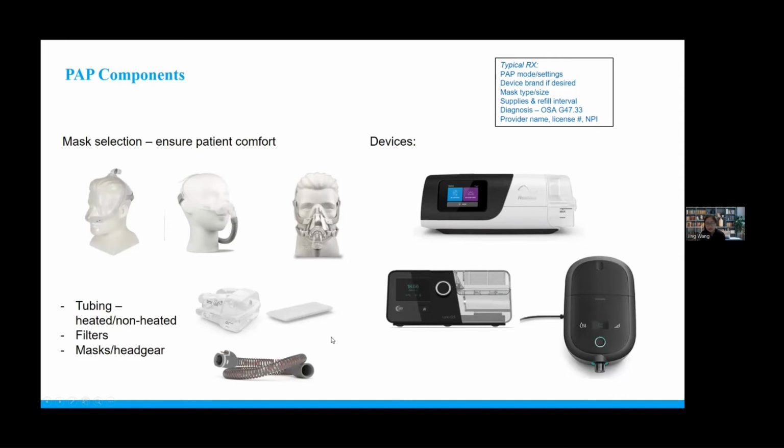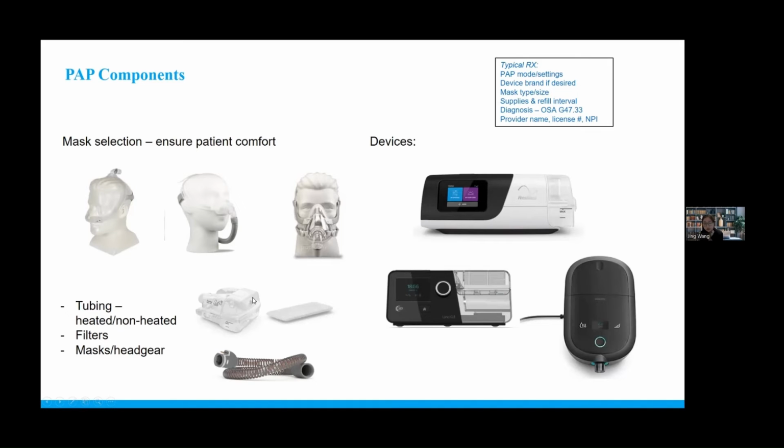And so we have the device, we have the tubing, which connects the device to the mask. And then we have three different types of masks, but within each type, there are many different models. So you have the nasal pillows, you have the over the nose, and then you have the full face, which covers the nose and the mouth.